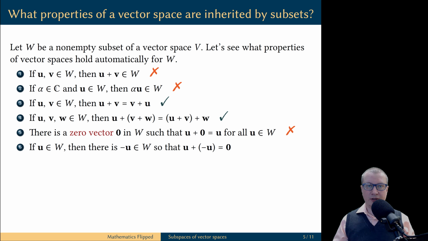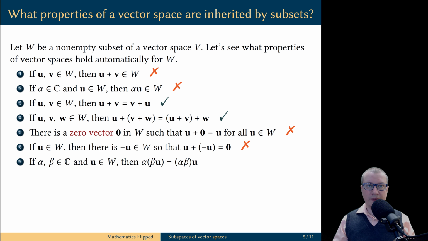Next, the additive inverse property. We know that each vector in V has an additive inverse in V. Therefore, the vector u in W does have an additive inverse somewhere in the space V. Do we know if this additive inverse falls within the subset W? No, we don't, and therefore this property also does not hold.